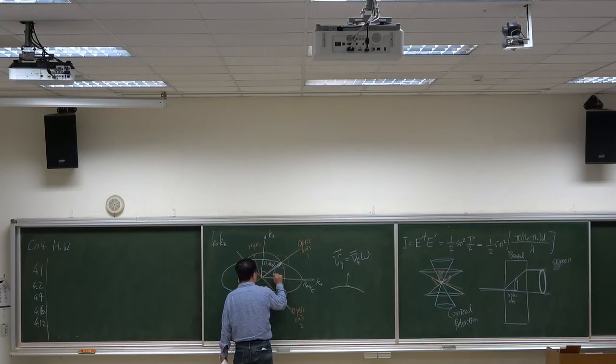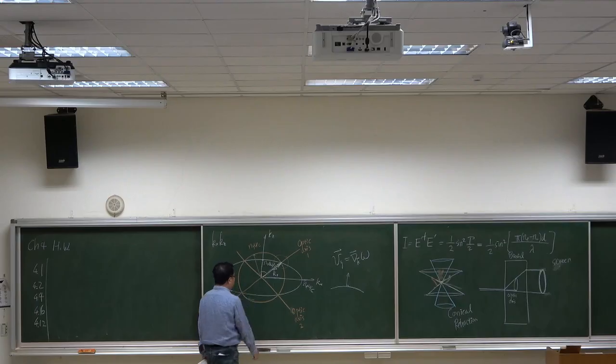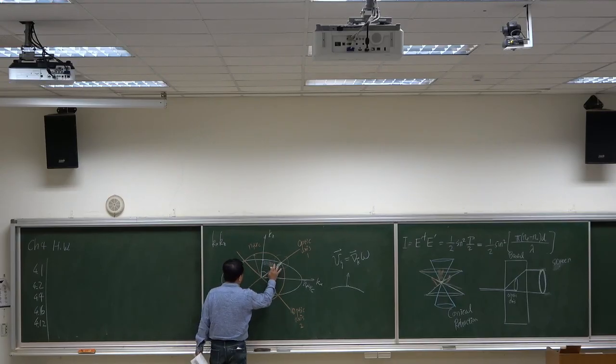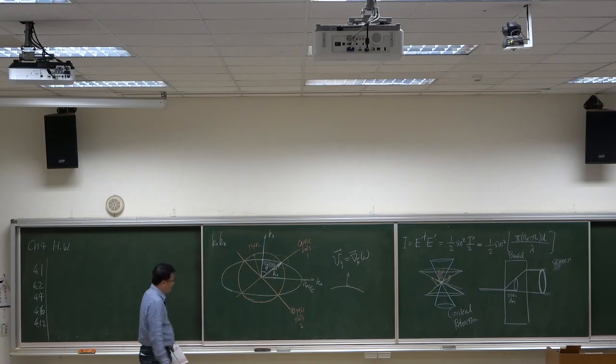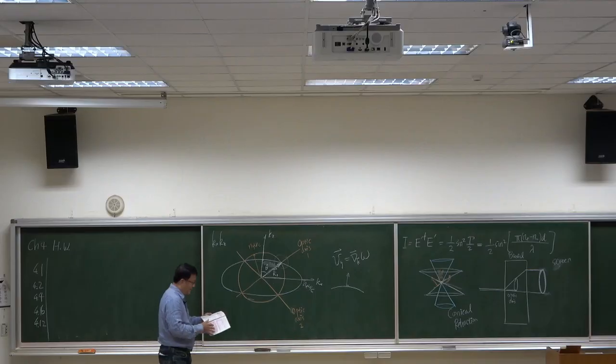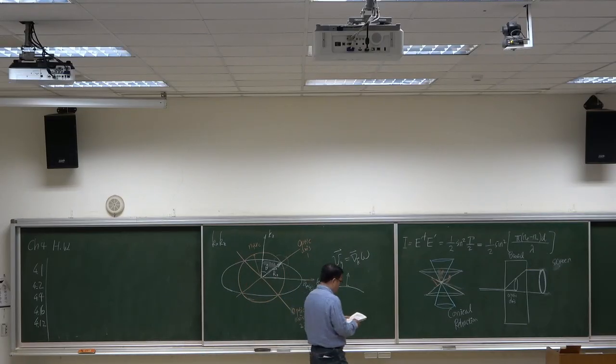Suppose the angle between the k0 vector and the z-axis is theta. Then we try to find the formula of this theta.